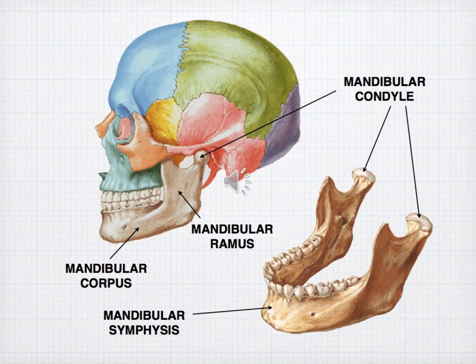This is where you'll see males with a bit of a flare of the mandibular ramus, though some European models actually have this feature, women. And then the mandibular condyle is the area where you have the joint articulation at the temporomandibular joint, right? That is articulating with the temporal.